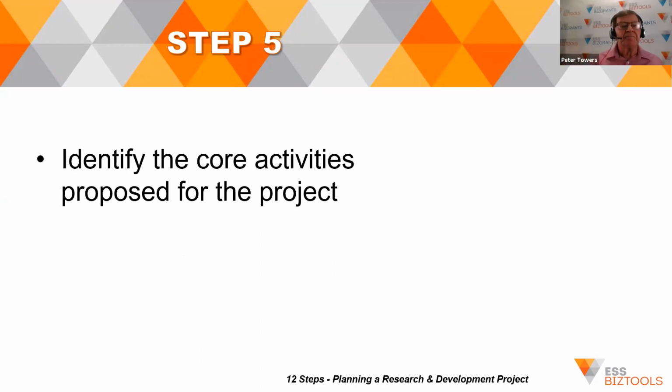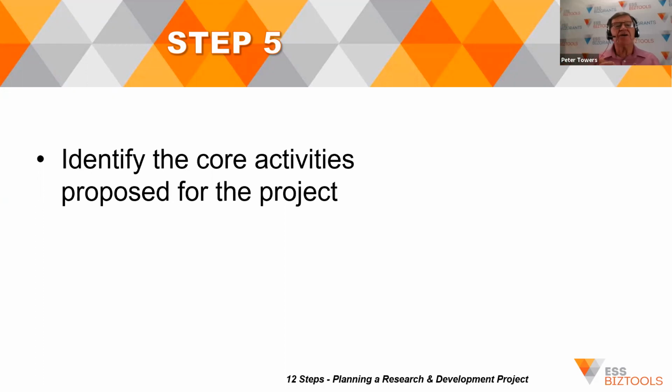Step 5. So we've finished the prior art search, at least at this stage, and there now needs to be an identification of what is the core activity. What's the key thing that needs to be researched? Obviously, if the inventor already knows how to build the product or service or whatever the project involves, they'd go ahead and do it.